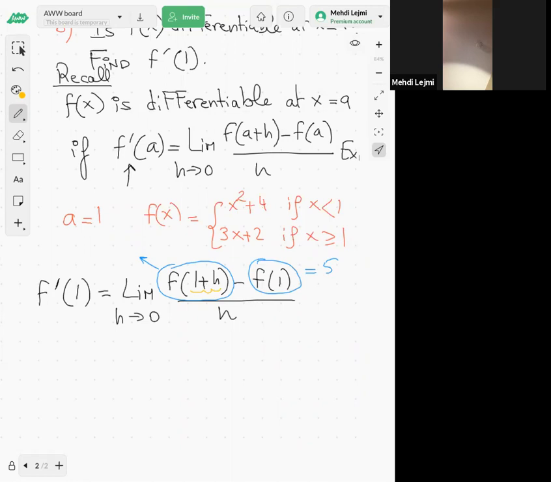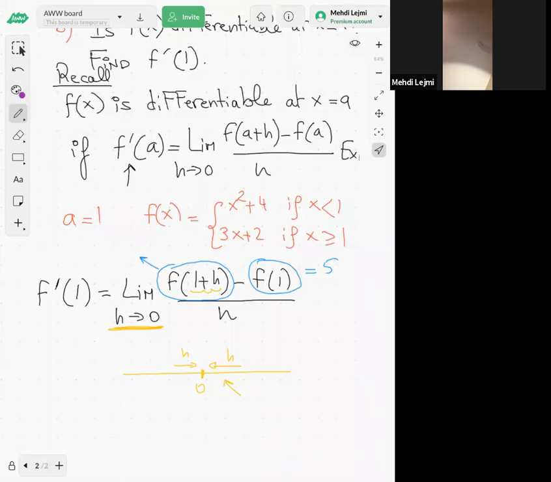Again, the idea is your h is going to 0. So here's 0, and your h is approaching 0, and h could be either negative or positive. If h approaches 0 from the left, then h is negative. If h approaches 0 from the right, then h is positive.